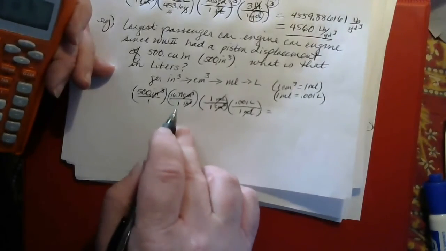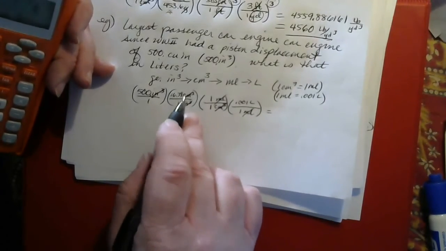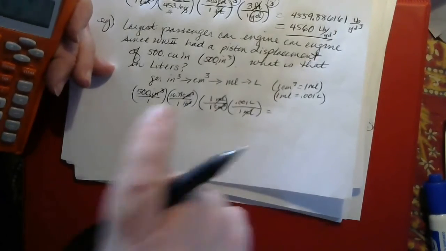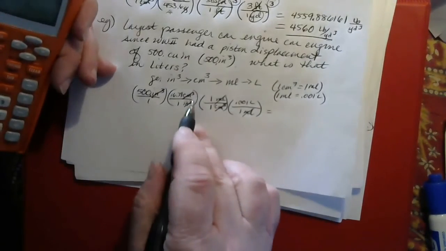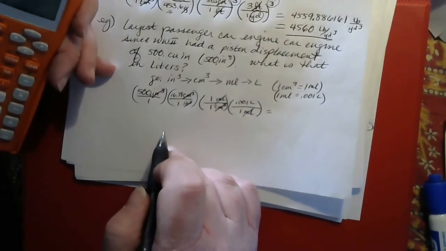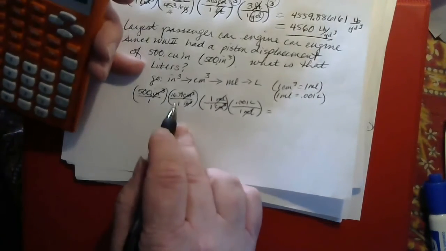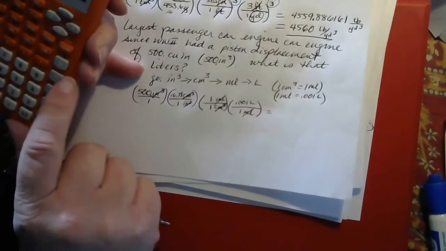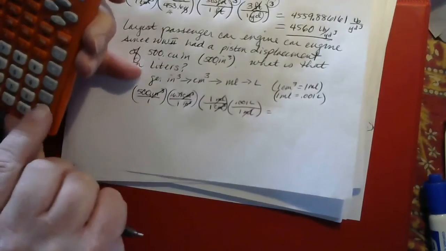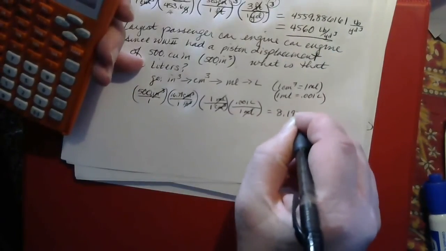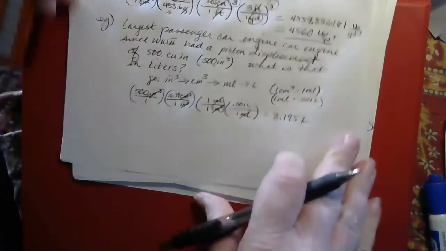These numbers have already been cubed because it's listed in the table as cubic centimeters and cubic inches. So don't write the 3 outside the parentheses. You write them inside the parentheses. So it's 500 times 16.39 times 1 times 0.001. And we get 8.195 liters.